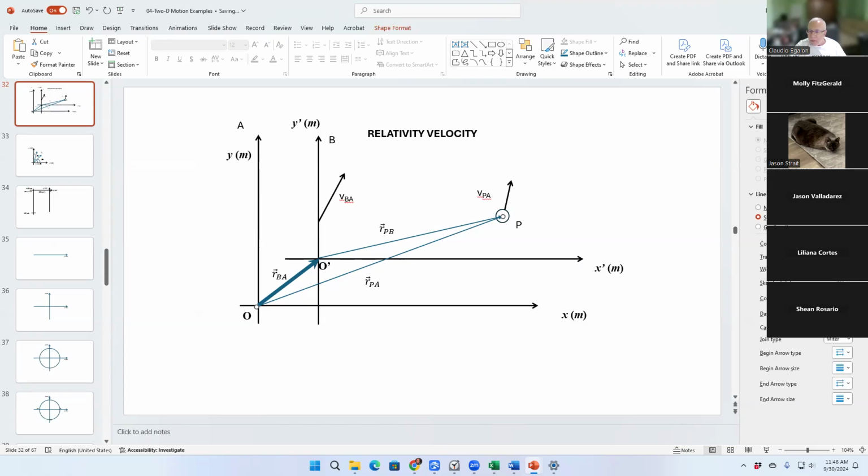Increase the size. Yeah, okay, that's the problem.